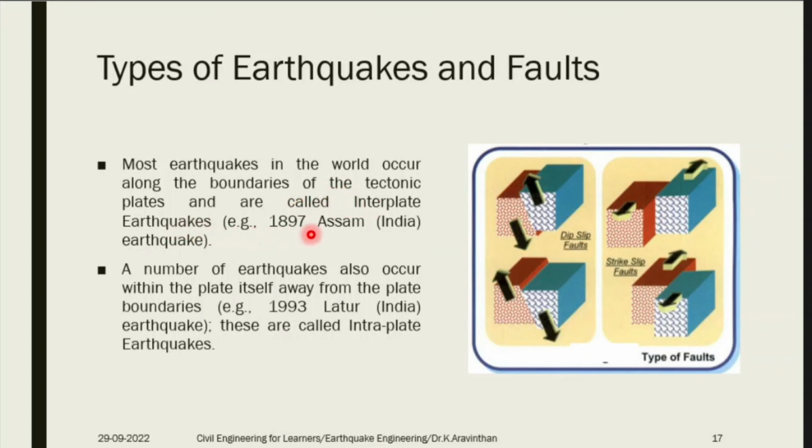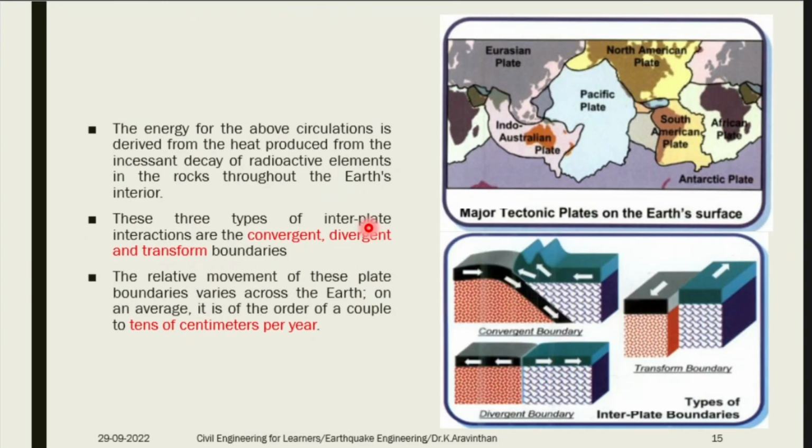In 1897 in Assam, the earthquake happened due to an interplate earthquake. From the figure you can understand this is the plate, and Assam is in this region. So you have an interplate earthquake here, and in this region you will get intraplate earthquakes. You will have much lesser earthquakes.